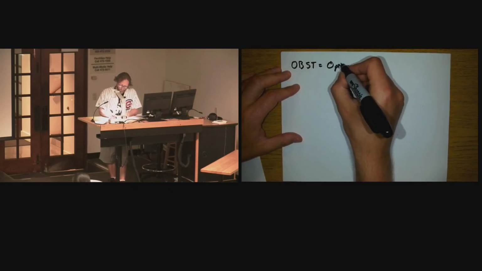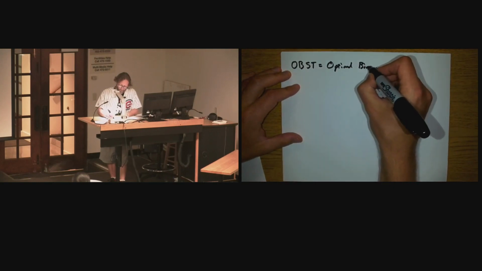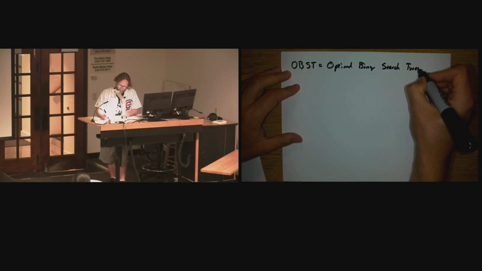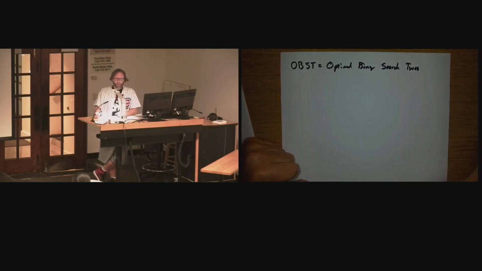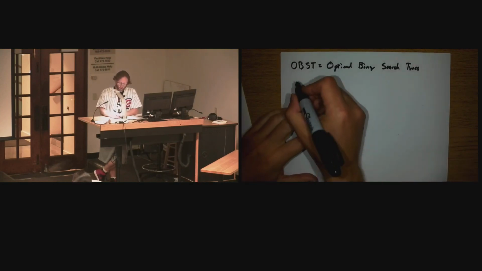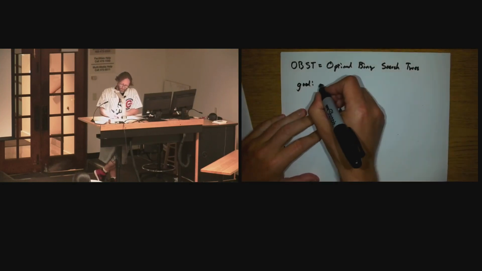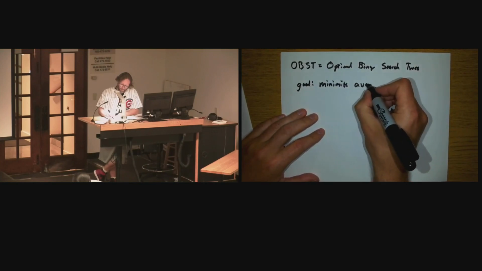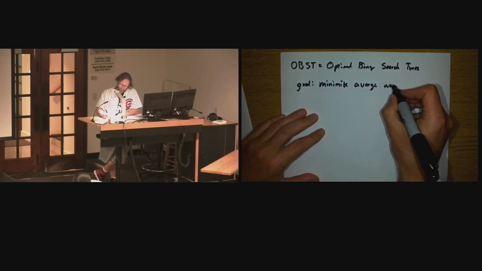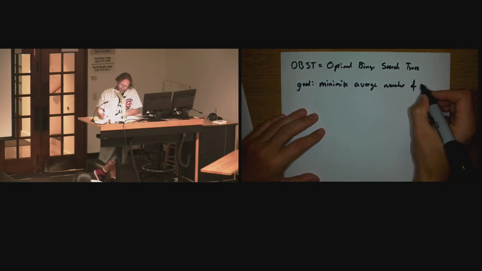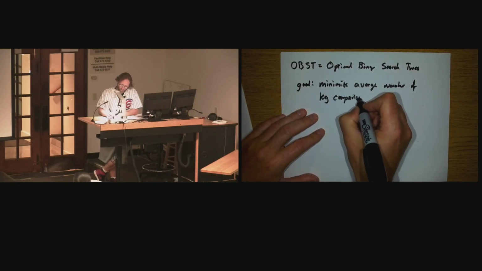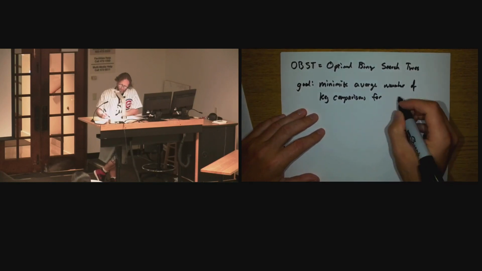Optimal binary search trees. And for optimal binary search trees, the goal is a little bit different. The goal is to minimize the average number of key comparisons for any search.